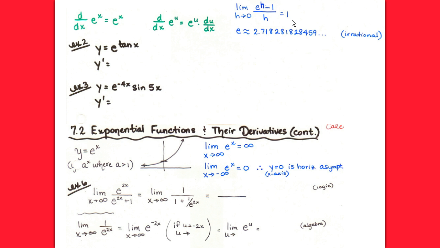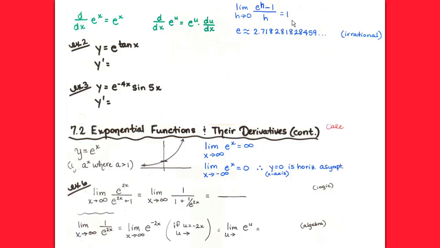So when I'm looking at the derivative of an exponential function, we'll get the derivative of a to the x a little later, but the derivative of e to the x has the unique quality that it is its own derivative. The derivative of e to the x is e to the x.